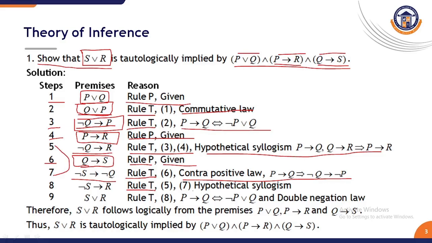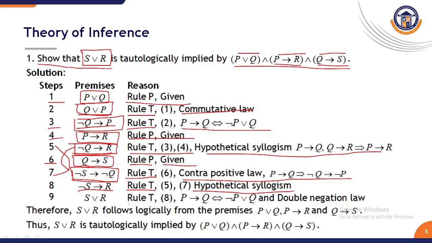That is, again apply the hypothetical syllogism. Therefore, negation S implies negation Q, and negation Q implies R is equivalent to negation S implies R.